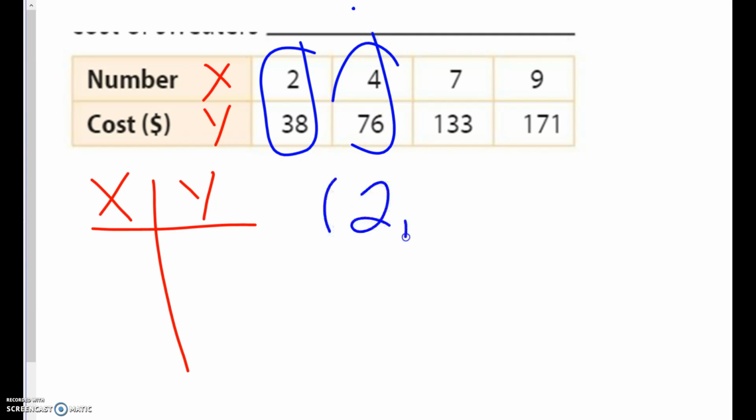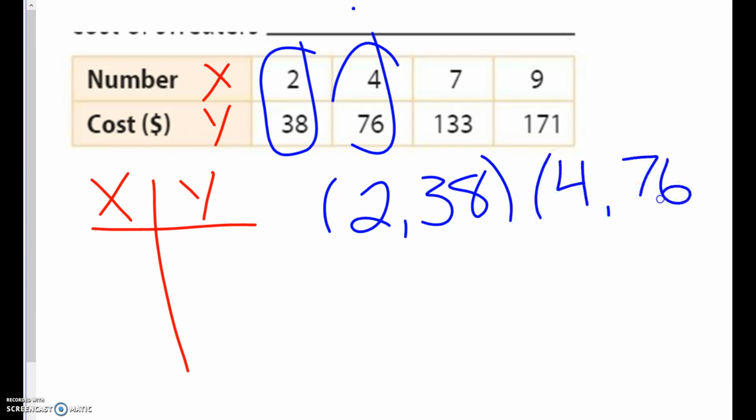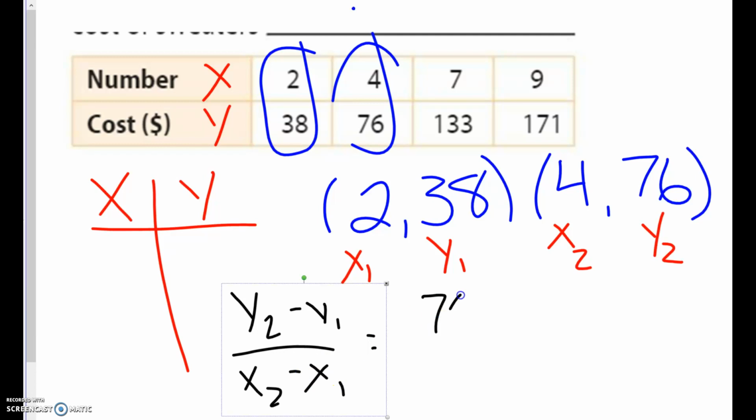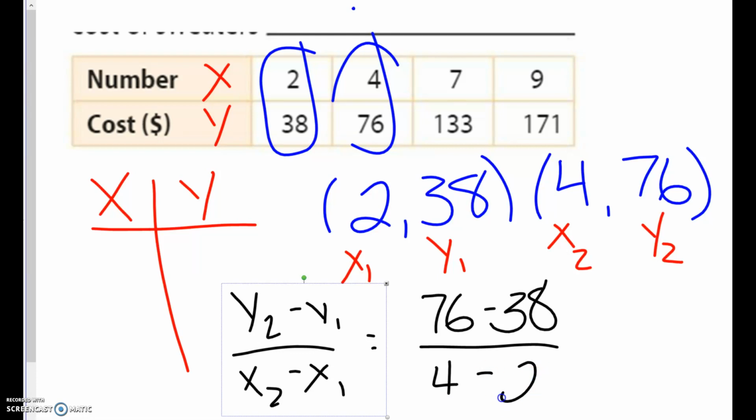So that point is 2, 38. My second one is 4, 76. I'm going to label X1, Y1, X2, Y2. And I'm going to fill in for my formula. So that's going to be 76 minus 38 over 4 minus 2. 76 minus 38, I believe, is going to give me 38 again.